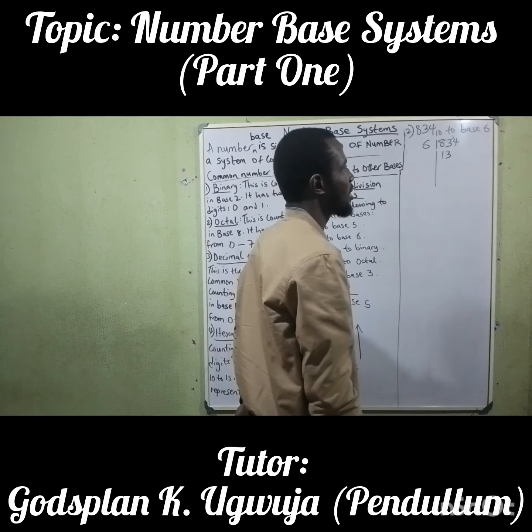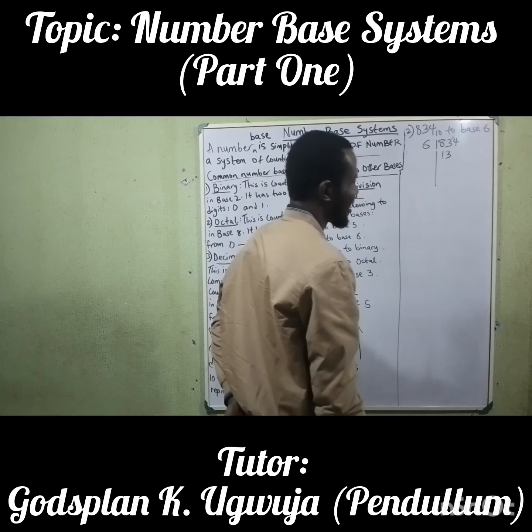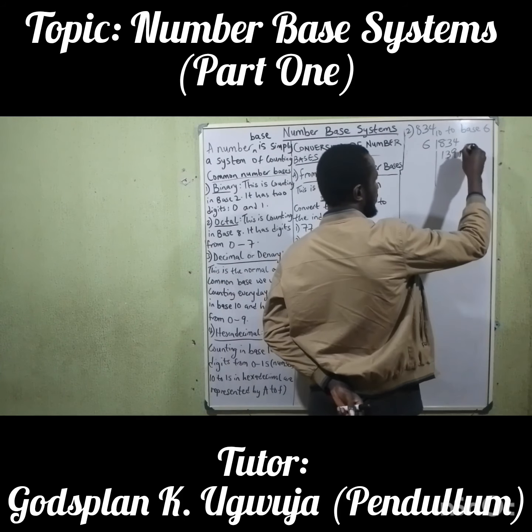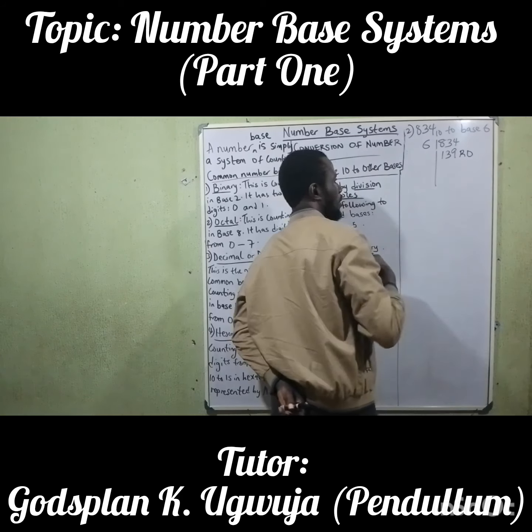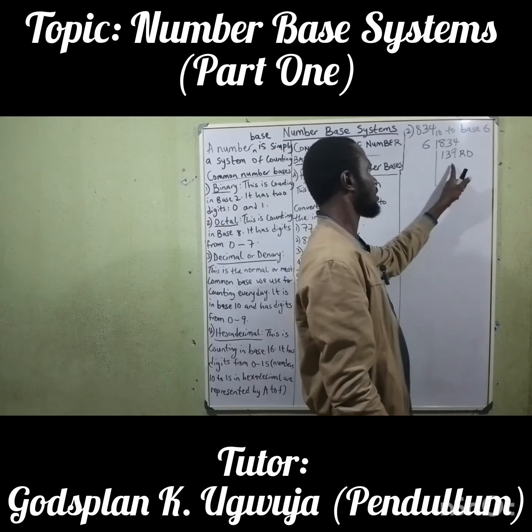Then 6 into 54 will be 9, so 9, remainder 0, because 6 times 9 is 54.